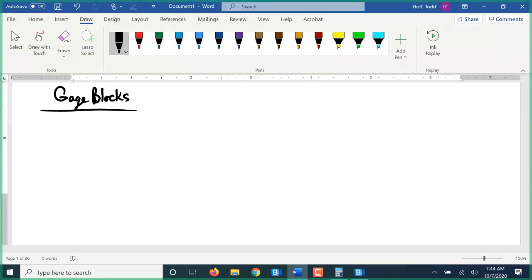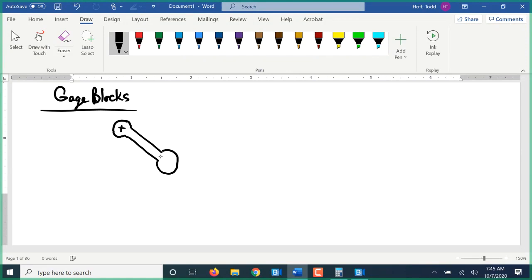In the spring, we're going to look at angles and sine blocks and how you can create a very precise angle with that sine block if you have an exact height. A sine bar is just a bar that's very precisely machined.